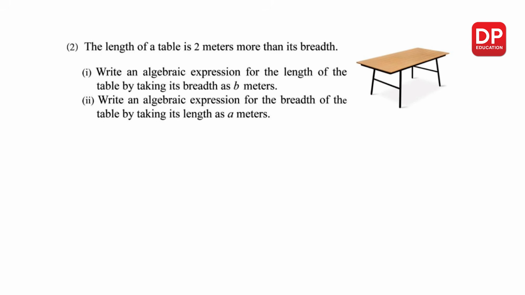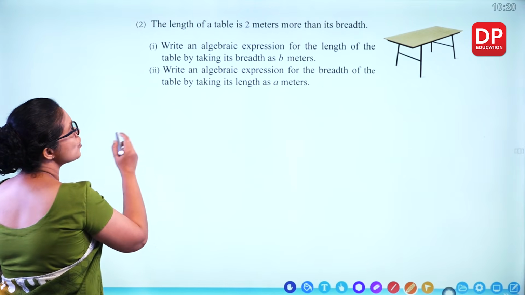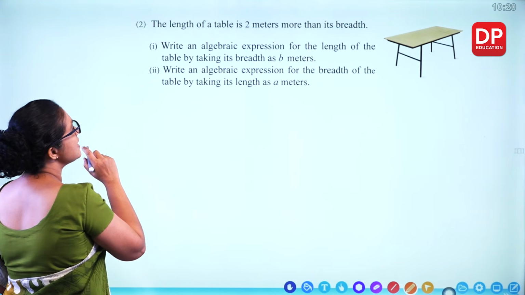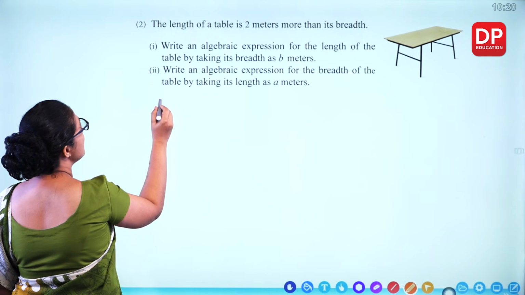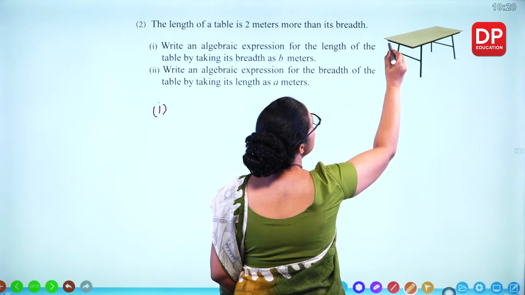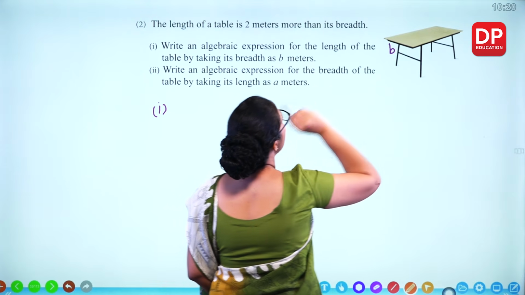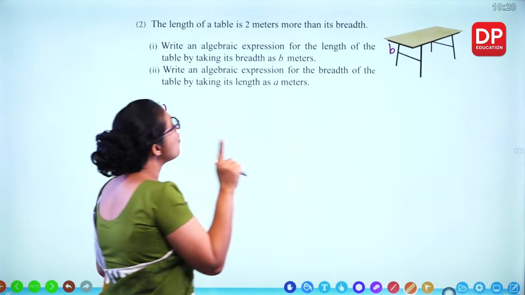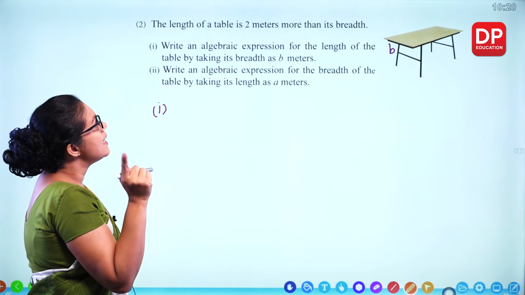Question number 2. The length of a table is 2 meters more than its breadth. Write an algebraic expression for the length of the table by taking its breadth as b. So when you take this table, b is the breadth. Length is 2 meters more than its breadth.